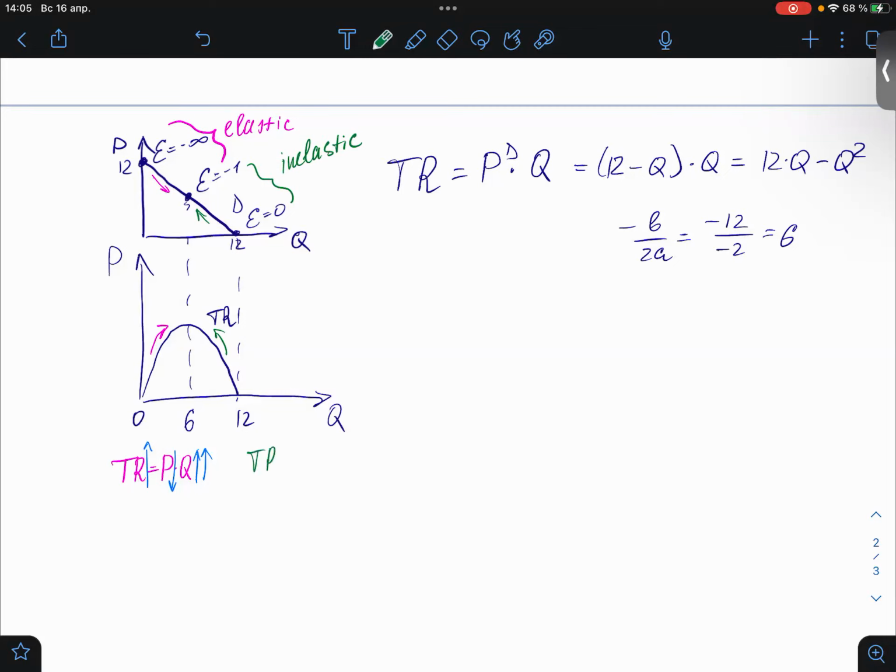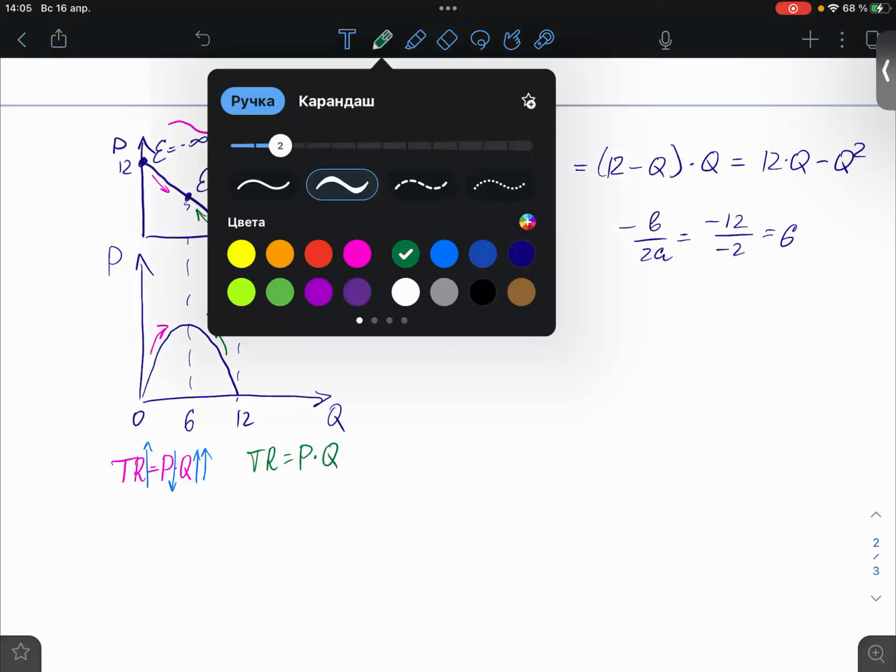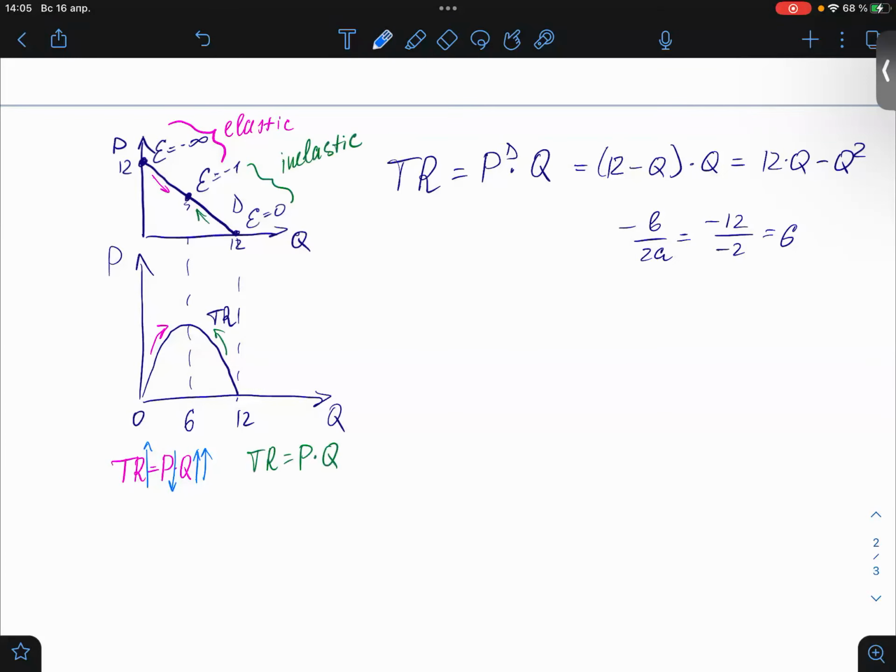Because here, total revenue, as always, is price multiplied by quantity. If we increase the price, not many people will switch to another product because the reaction is low. So that means that total revenue will increase.